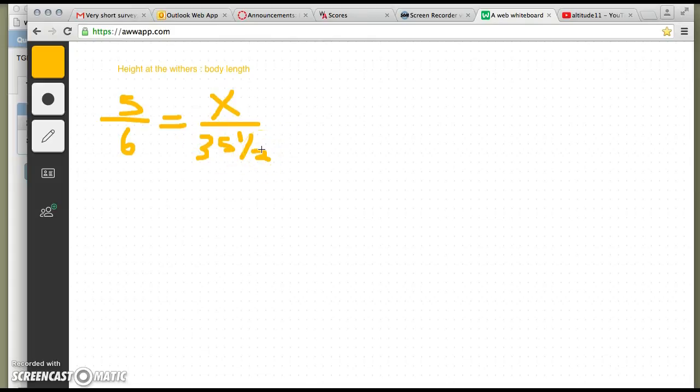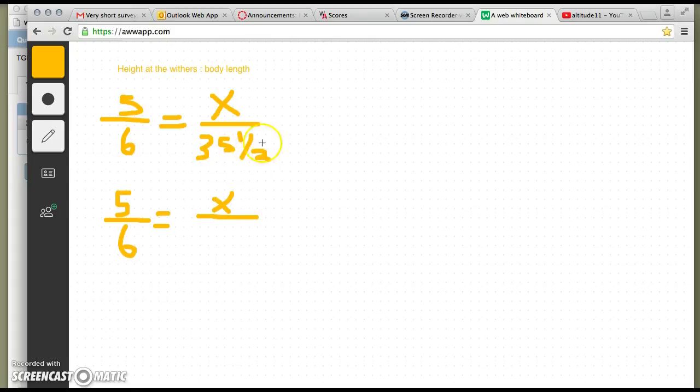All right, so as I said last time, it's always important to make sure that your ratios are set up in the same way. All right, so now that we have these set up, let's go ahead and take care of this mixed number down here and rewrite that as a fraction. So we have 5 over 6 is equal to x all over 35 and 1/2.